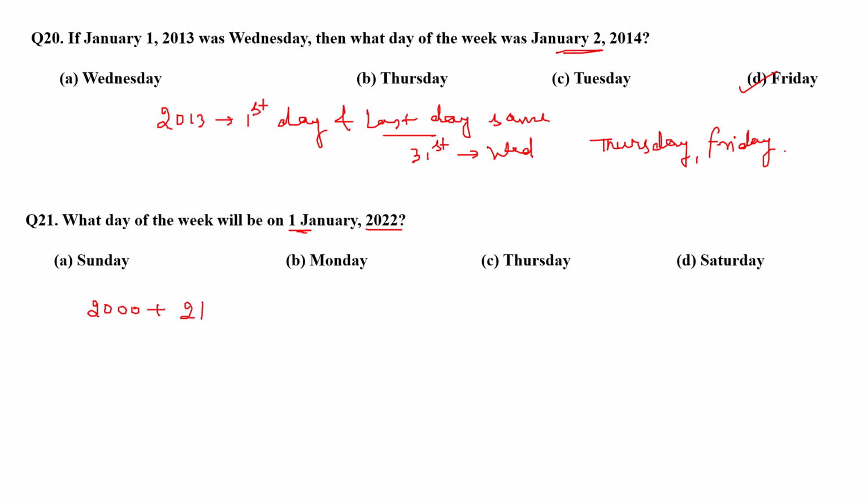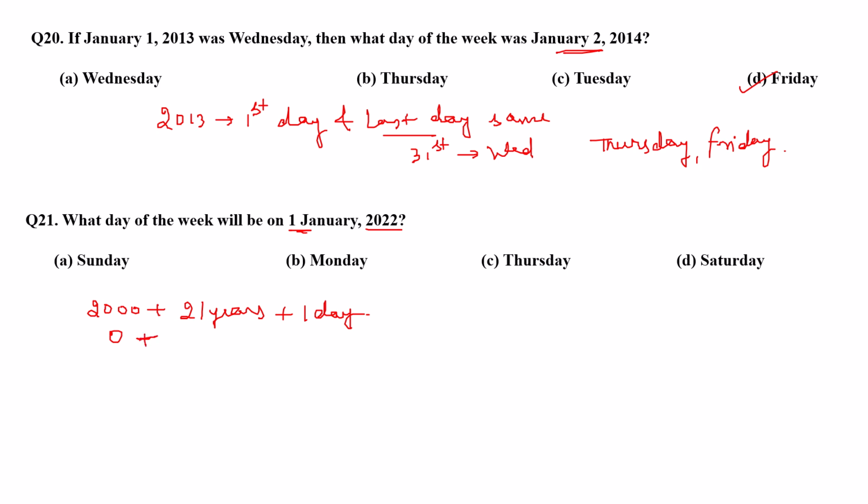If you add 21 years to 2000, you will reach 2021, and after that one more day extra you have to take. Now, as 2000 is a century year, it will have 0 odd days, because the century year will have 0 odd days.